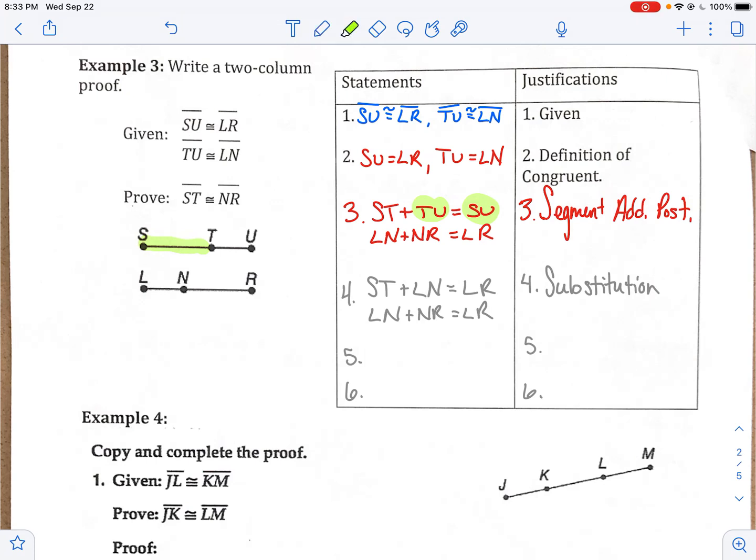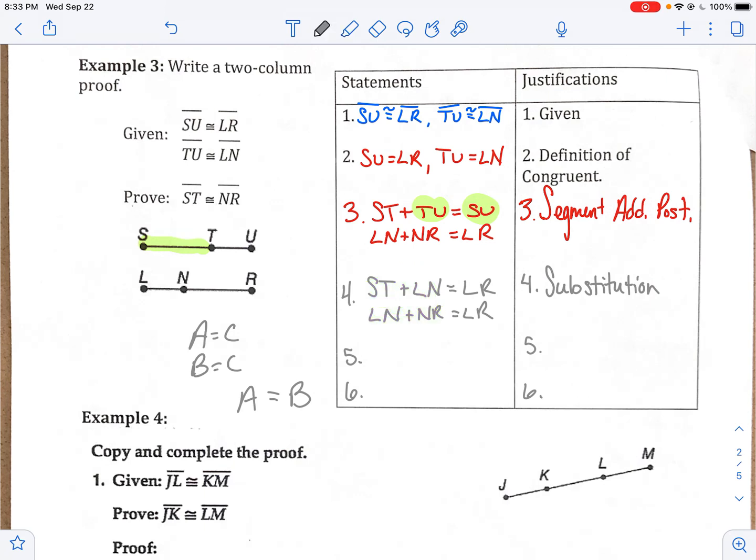And now what do I have? I've got two things that both equal LR. So think of this as like A equals C and B equals C. Well, if A equals C and B equals C, how are A and B related if they're both equal to the same thing? If they're both equal to the same thing, then they must be equal. Both of these pieces are both equal to LR.